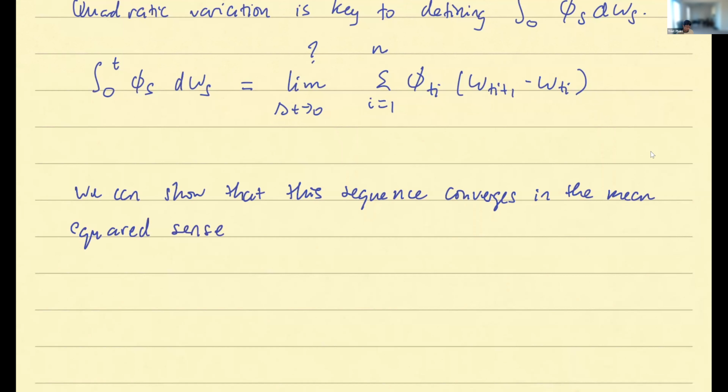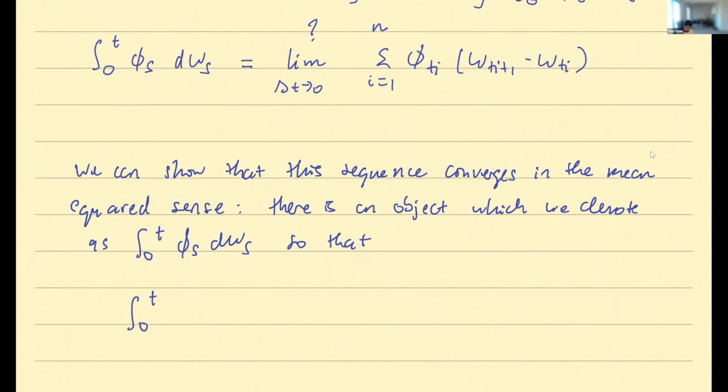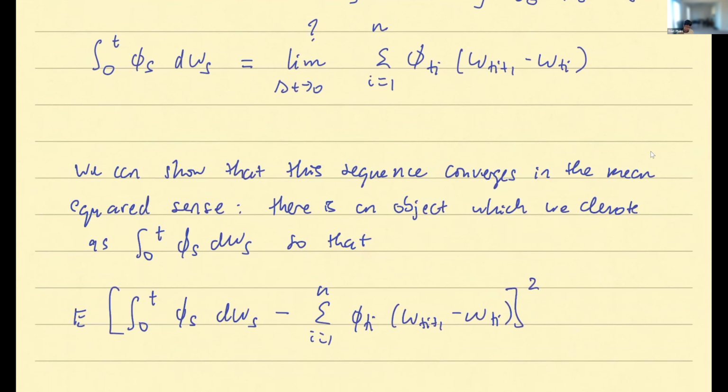In other words, there is some random variable out there which we denote as the integral, so that when you take the expectation of the difference between it and this sum, squared, it goes to 0.